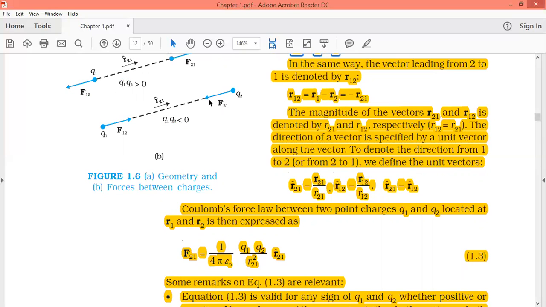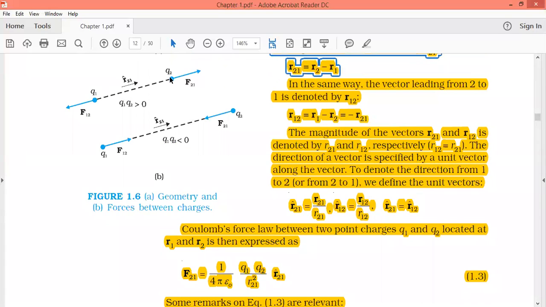See here, if these two have the same charge, look at the first figure, the forces will be in opposite directions because it is a repulsive force. If it is an attractive force, the forces will be towards each other.